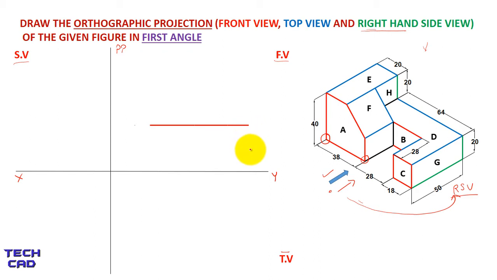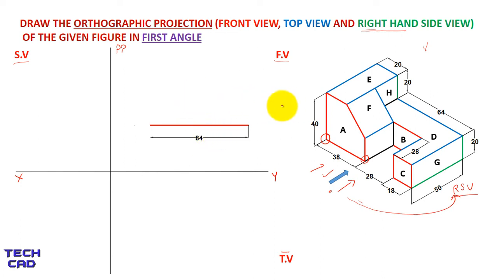The complete dimension is 84, so you can either make a direct 84 line or you can make 38, 28, 18. So this is a straight line from the front view. When the observer is here, this line is visible to him, so that's why I make a line of 84 over here.